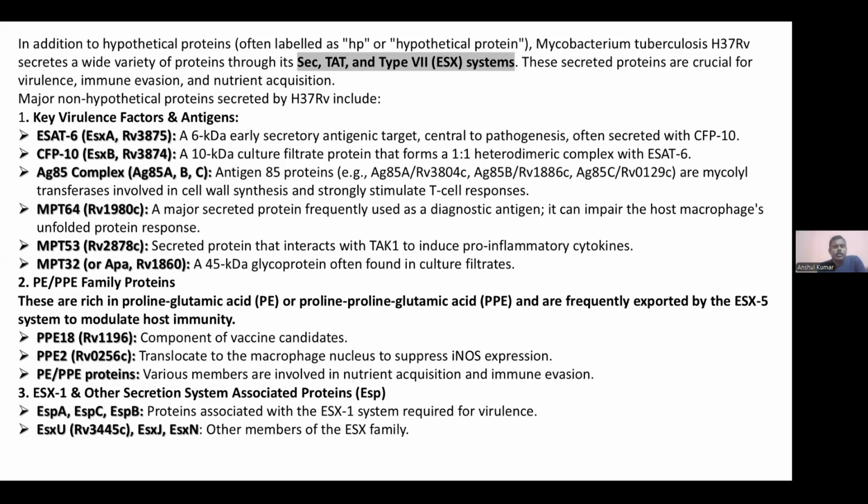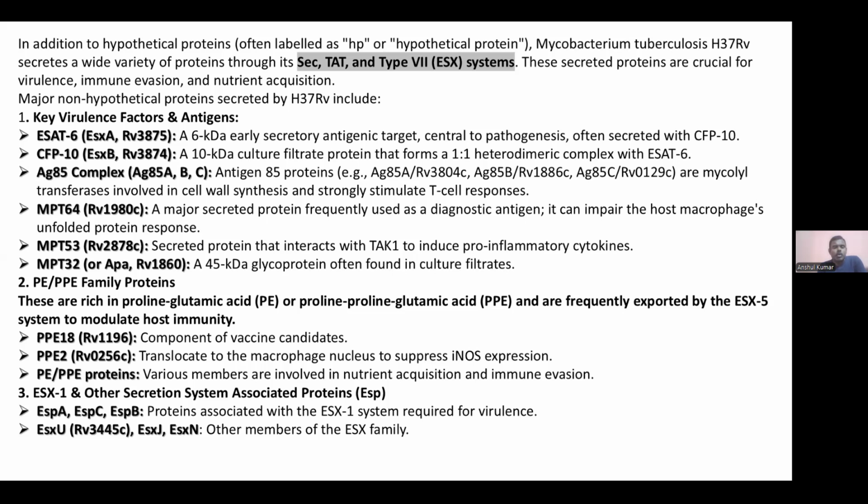In addition to that, there are other family proteins, that is the PE and PPE family proteins, which are rich in proline glutamic acid, and frequently exported by the ESX5 system to modulate host immunity, which includes the protein PE18, which is secreted by the gene RV1196, which is a component of vaccine candidates.